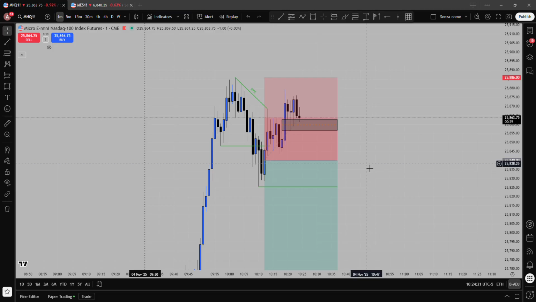He has the stop loss basically here. I don't know why. There is another one that just opened a trade on Nasdaq in this moment.